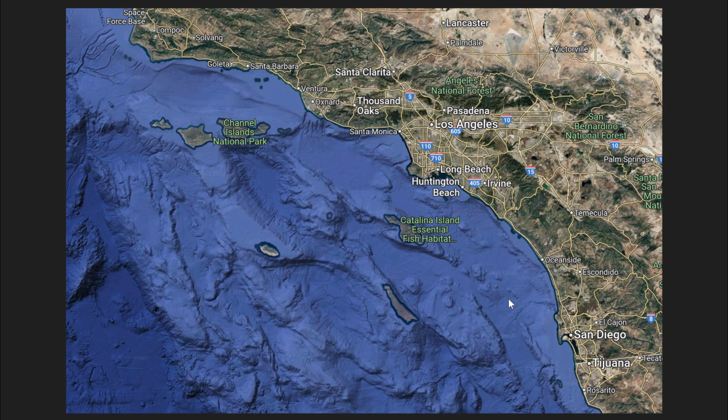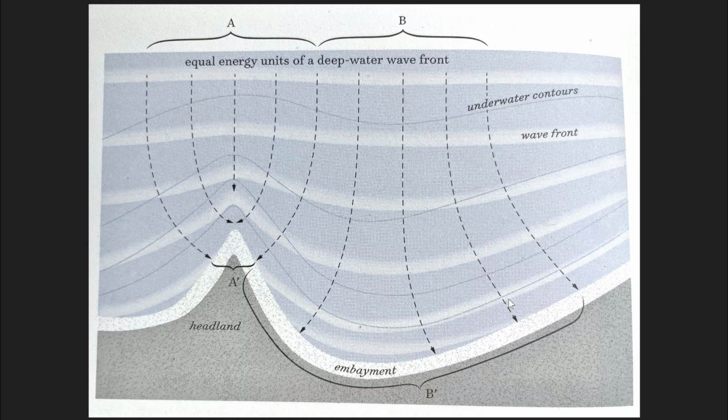It's pretty wild. Now, refraction versus diffraction: refraction, by contrast, occurs because the wave's energy starts to feel the ocean floor one segment of the swell line at a time, while the rest of the swell line is still in deeper water. So this part of the swell here starts to feel the ocean floor because this headland sticks out.